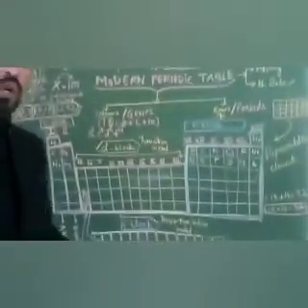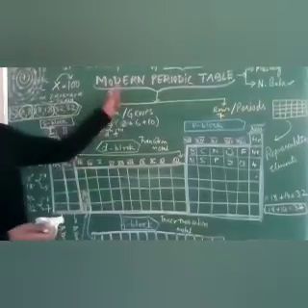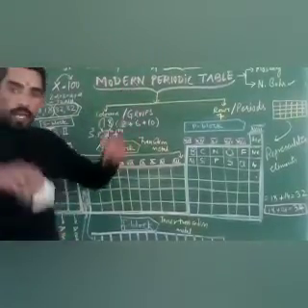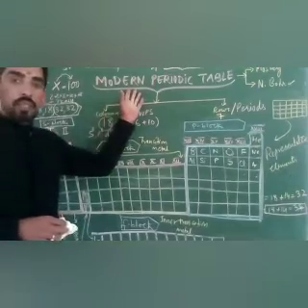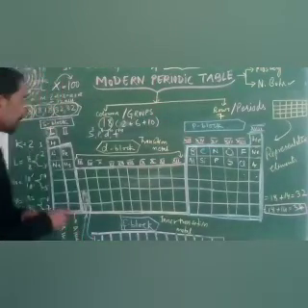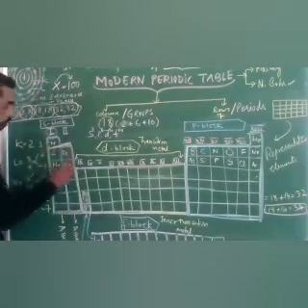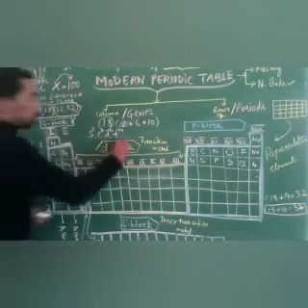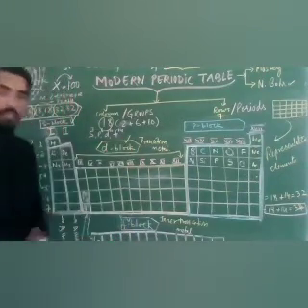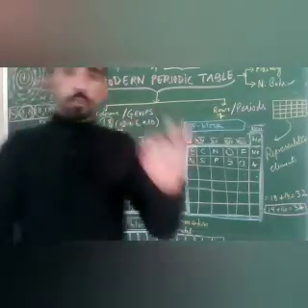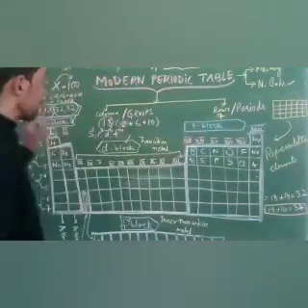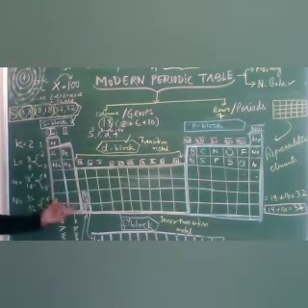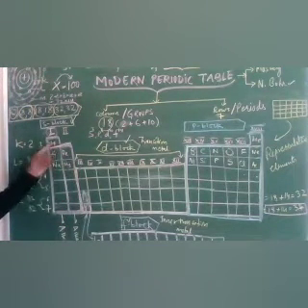Now, have you heard about metals and non-metals? Yes, sir. The modern periodic table has also given us an idea about metals and non-metals. See, basically the S block, D block and F block. Whatever elements are present in these three blocks, except hydrogen, are all metals.